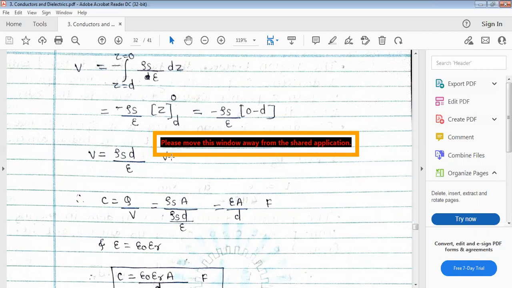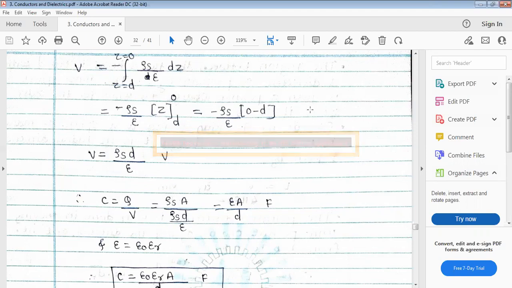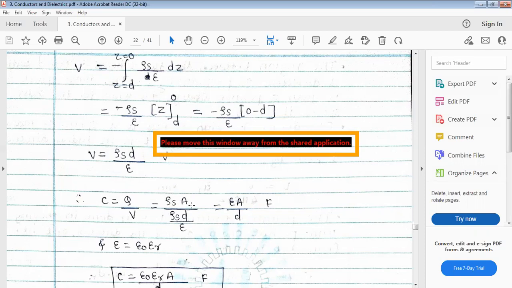and this potential is measured in volts. Now the equation for capacitance C is equal to Q divided by V, and this Q, we have seen at first, Q is equal to rho s into A, as we are considering the parallel plates. Plates means these are the sheets, that's why we are considering rho s, right? So it is equal to rho s into A divided by the potential formula, rho s into d divided by epsilon.